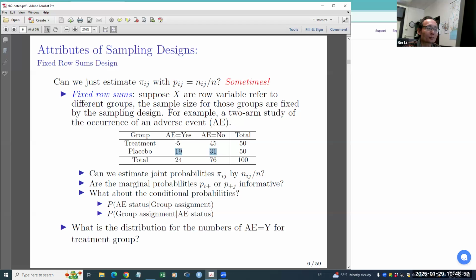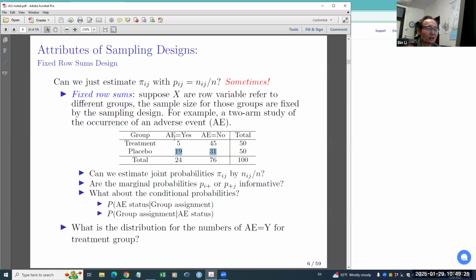So the probability of getting the AE, adverse event, in the treatment, we can get that. And also we can get that from the placebo. But we cannot get the conditional probability for the AE equals to yes.